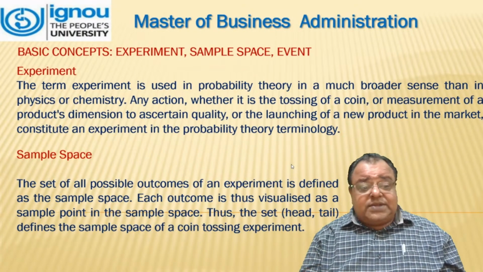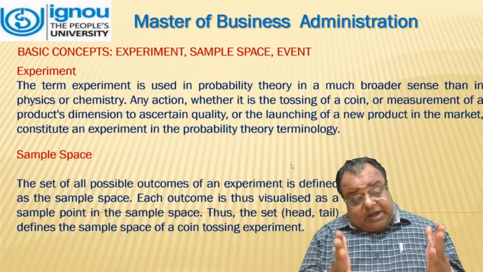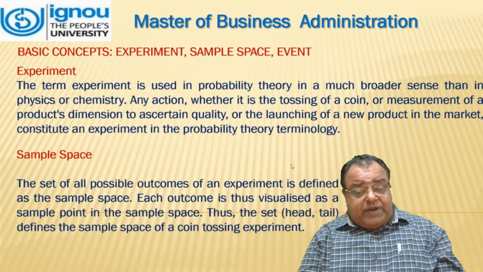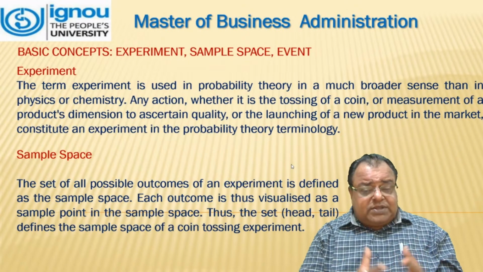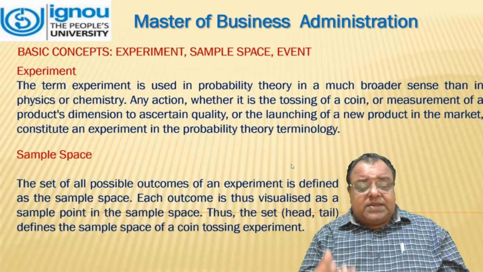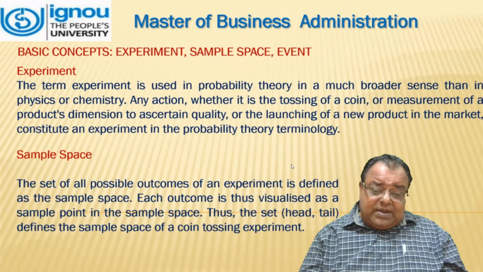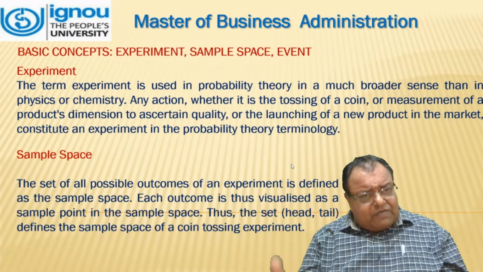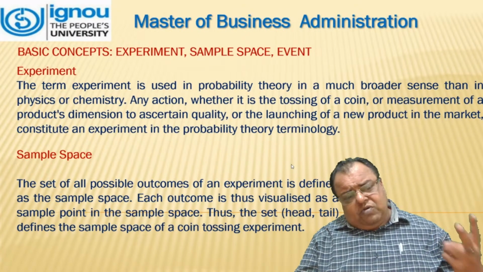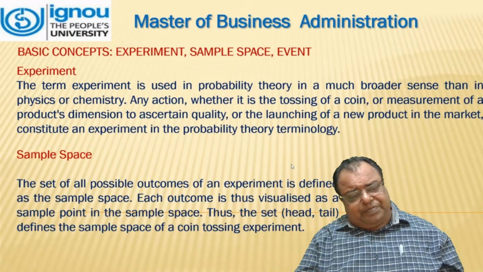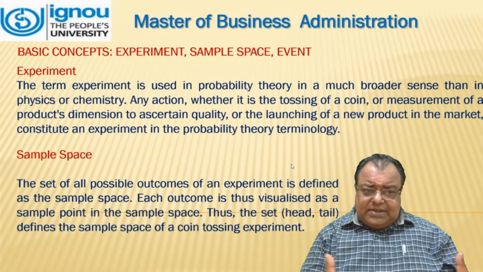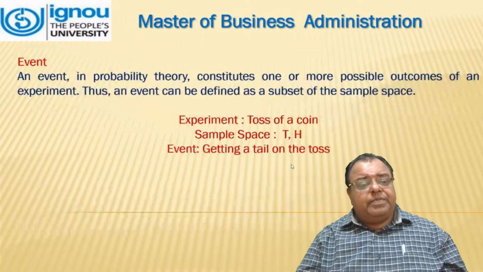Then comes sample space. The set of all possible outcomes of an experiment is defined as sample space. Each outcome is thus visualized as a sample point in the sample space. That means in a toss of a coin, there are two possible outcomes, either a head or a tail. This is the sample space.